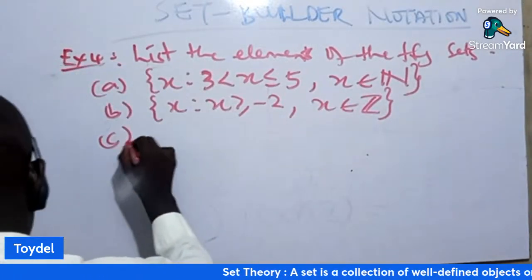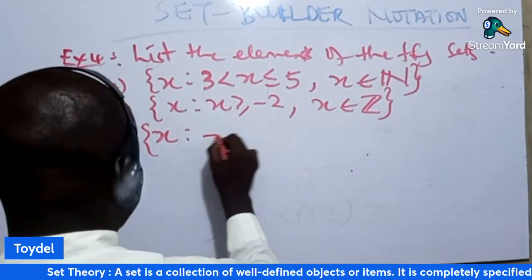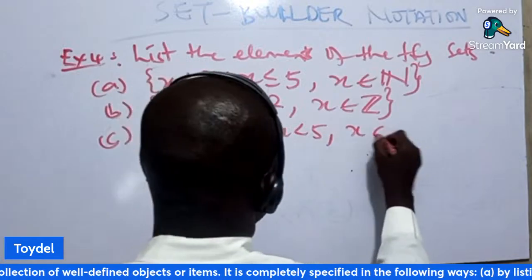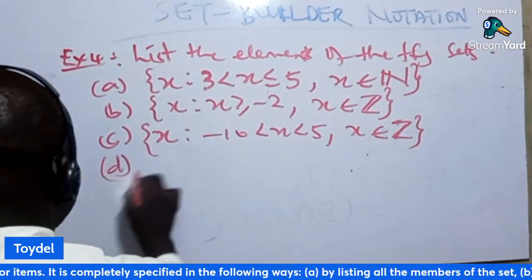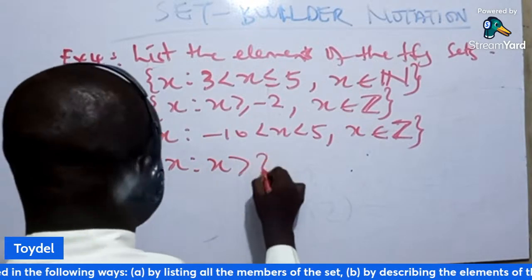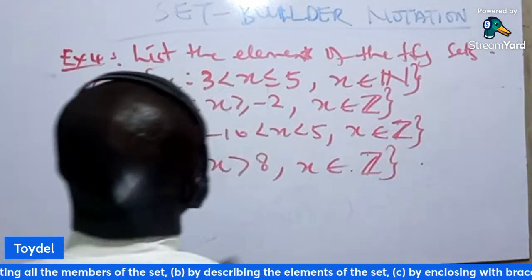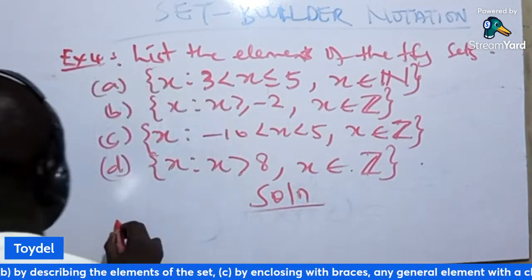Then C, we have x such that minus 10 is less than x, less than 5, so x belongs to integers. Then let's say the last one, x such that x is greater than 8, then x belongs to integers. So how do we rewrite this? That is the idea, what we want to do.